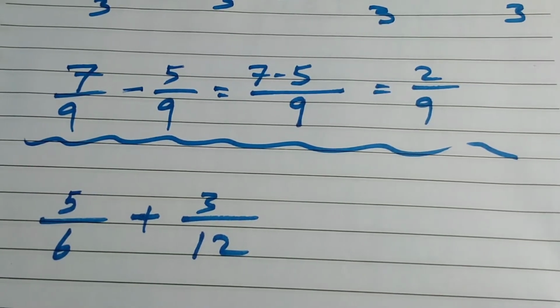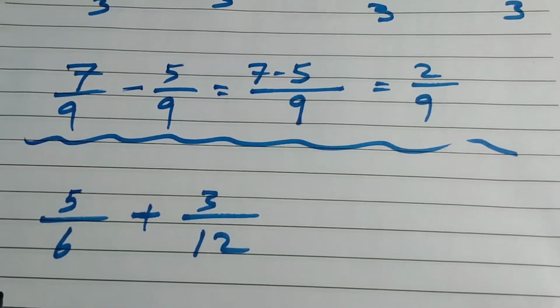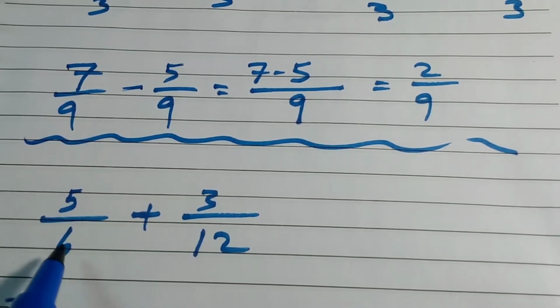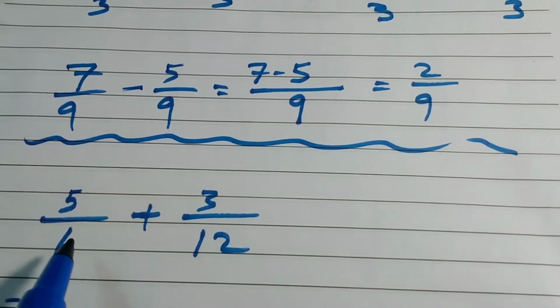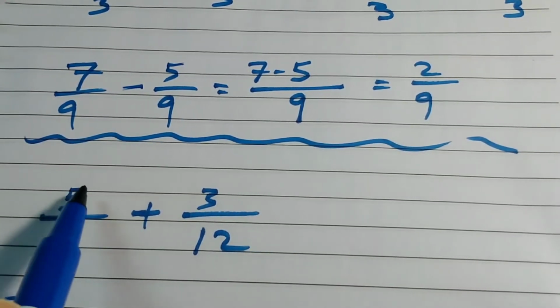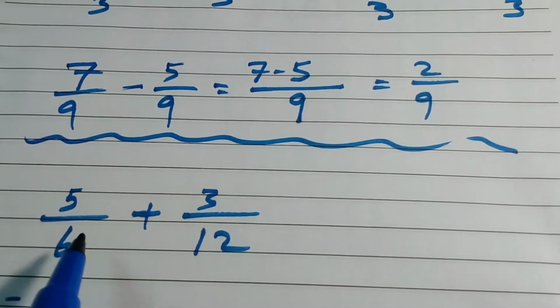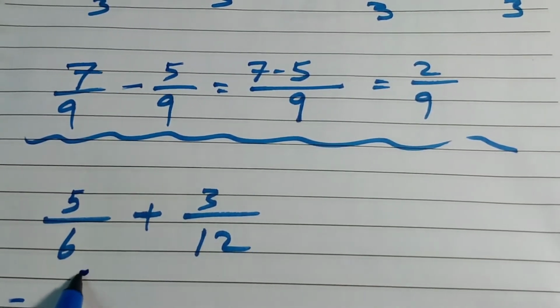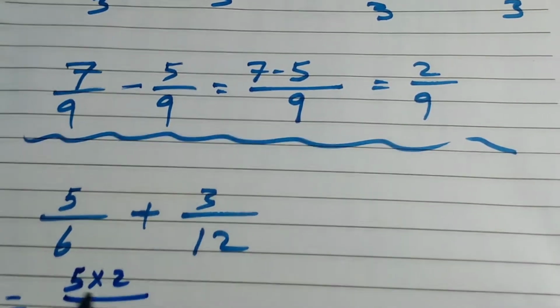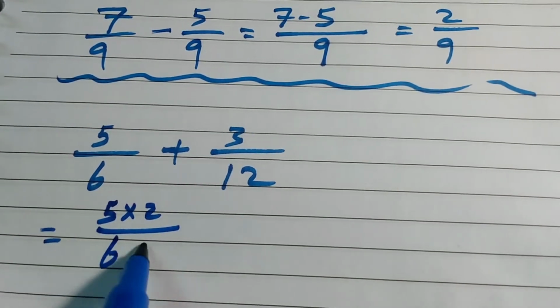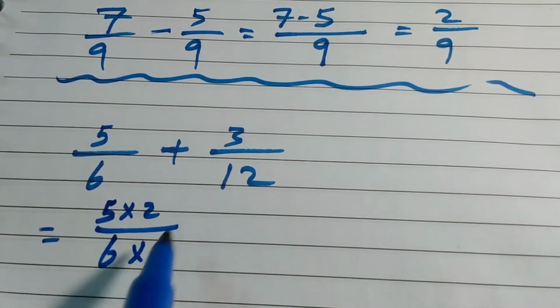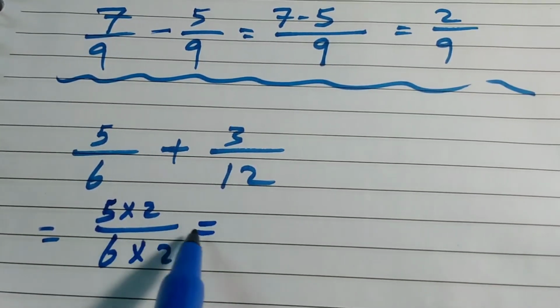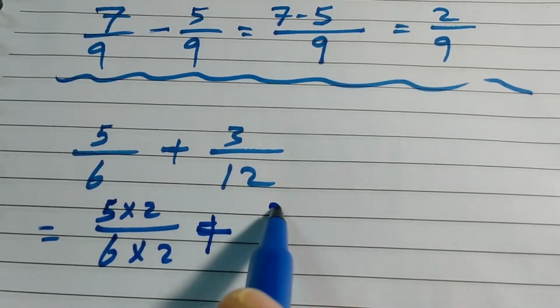So it means if we multiply this fraction, the denominator will be the same. I will not multiply only the denominator. When we multiply or divide, we multiply the numerator and the denominator. So 5 multiply 2 over 6 multiply 2. Why did I multiply? To make the denominator the same. Plus 3 over 12.